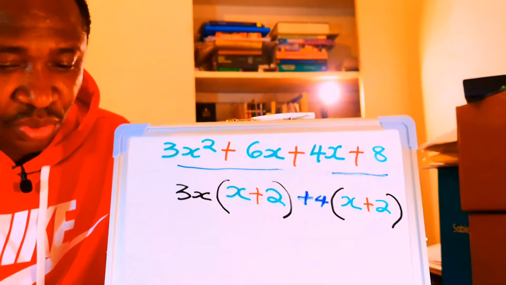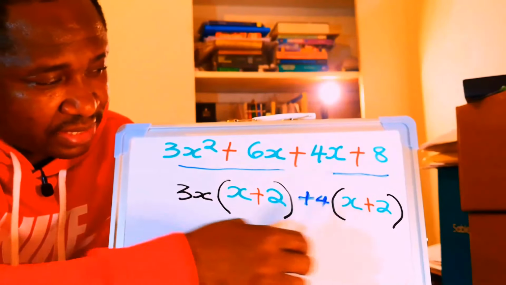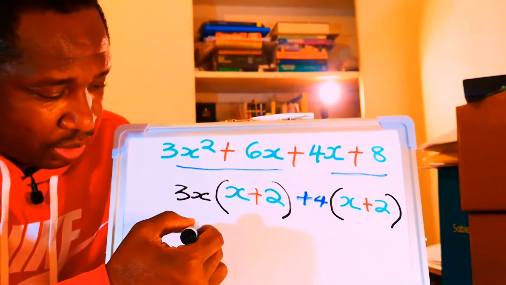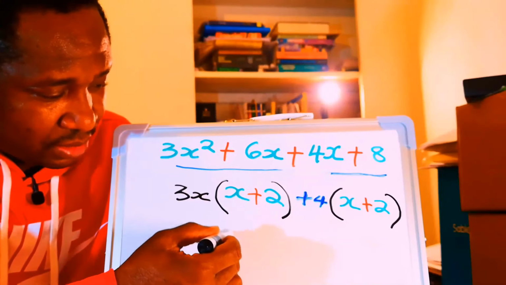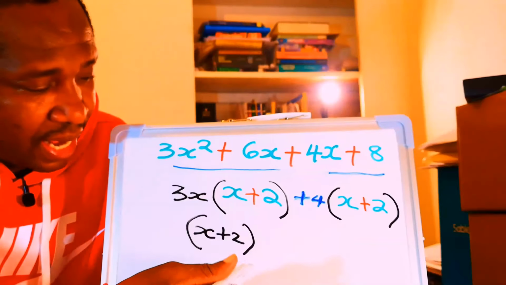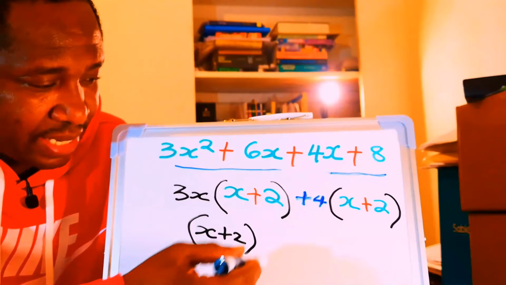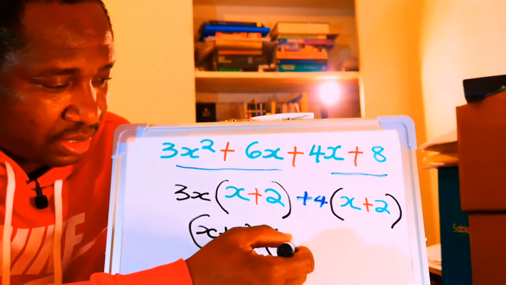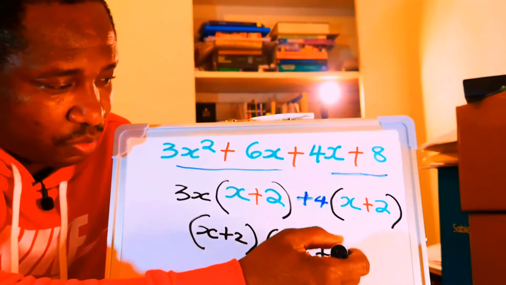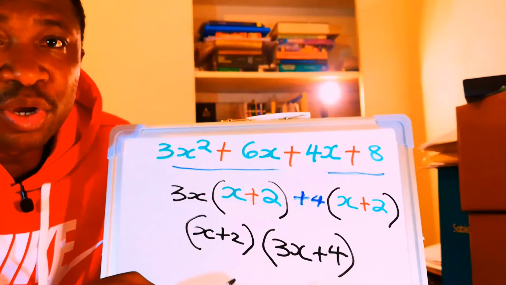So what we're going to do lastly is these two brackets are the same, so I'm going to take one of the brackets, which is x plus 2. Then I'm going to put together the values outside the bracket, which is 3x plus 4, and this becomes our answer.